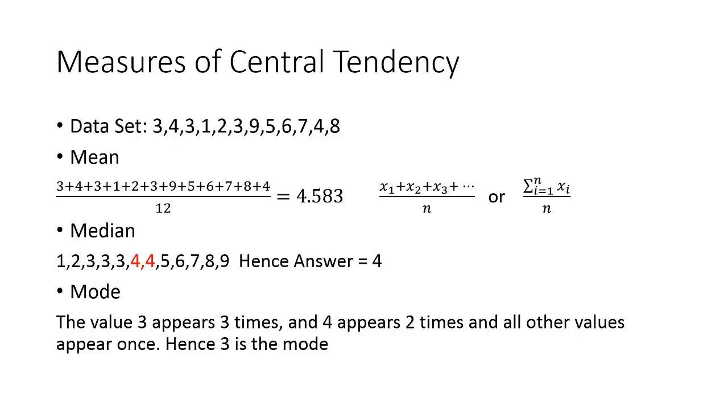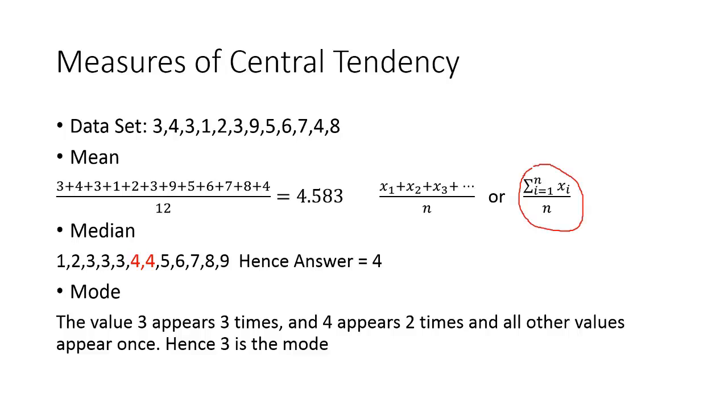So we take each number, 3, 4, 3, and we add them all up, and the 12 that you get here is the actual number of numbers that there are in this list. Once you divide it, that's the concept of mean, which can also be represented mathematically in this form.